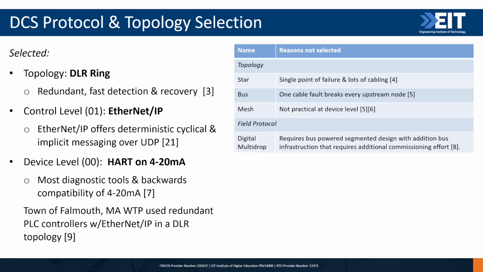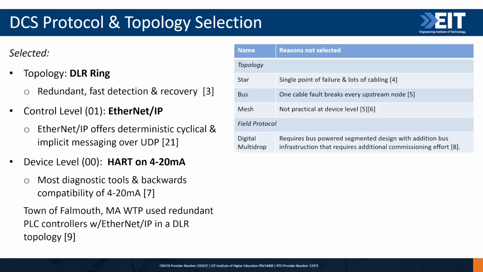The recovery for DLR is about 3 milliseconds for a 50 node ring with a default of 400 microseconds beacon interval, which is very well within range for a wastewater treatment plant. At the control level, we use Ethernet IP.